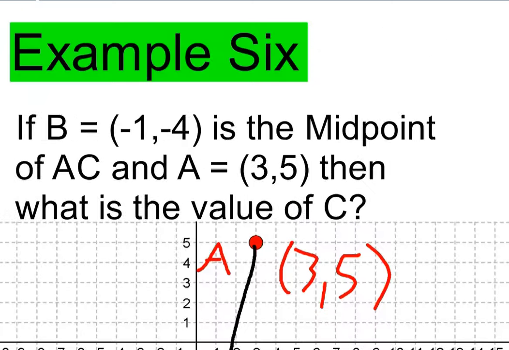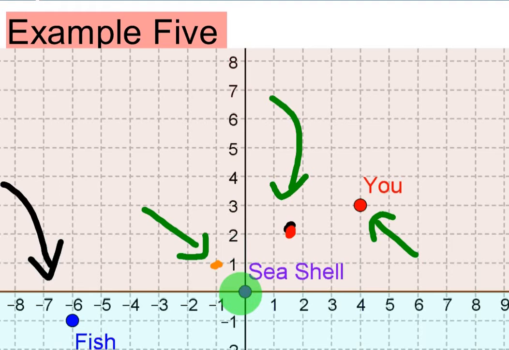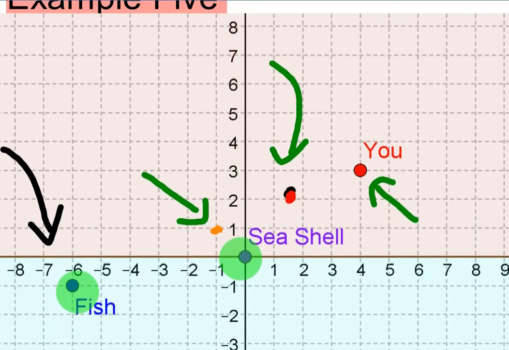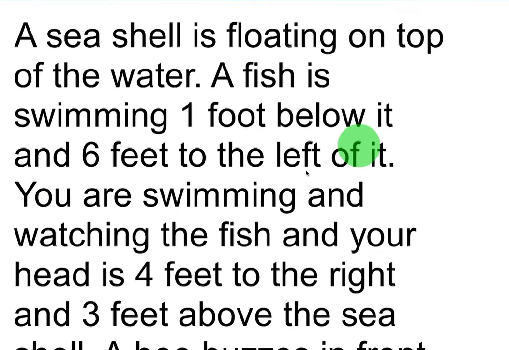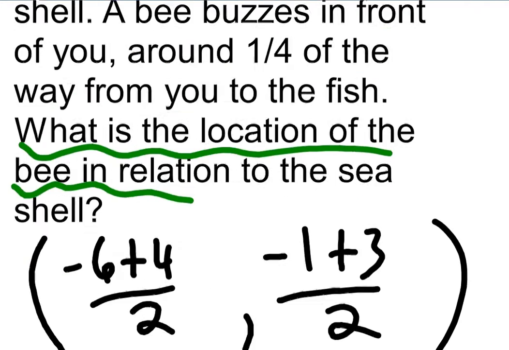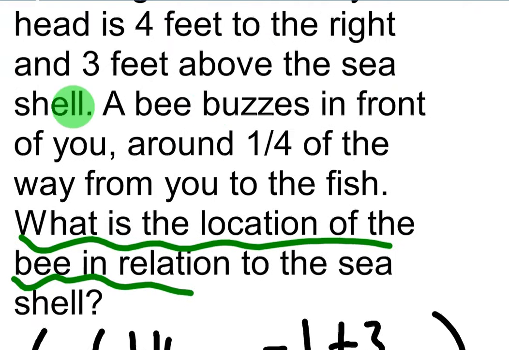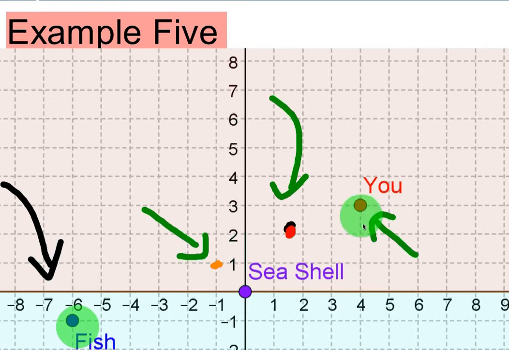So that means this point right here is negative 6, negative 1, because it's 6 feet to the left and 1 foot below it, so there's our fish. You're swimming and watching the fish, and your head is 4 feet to the right and 3 feet above the seashell. So you are right here, 4 feet to the right and 3 feet above the seashell.